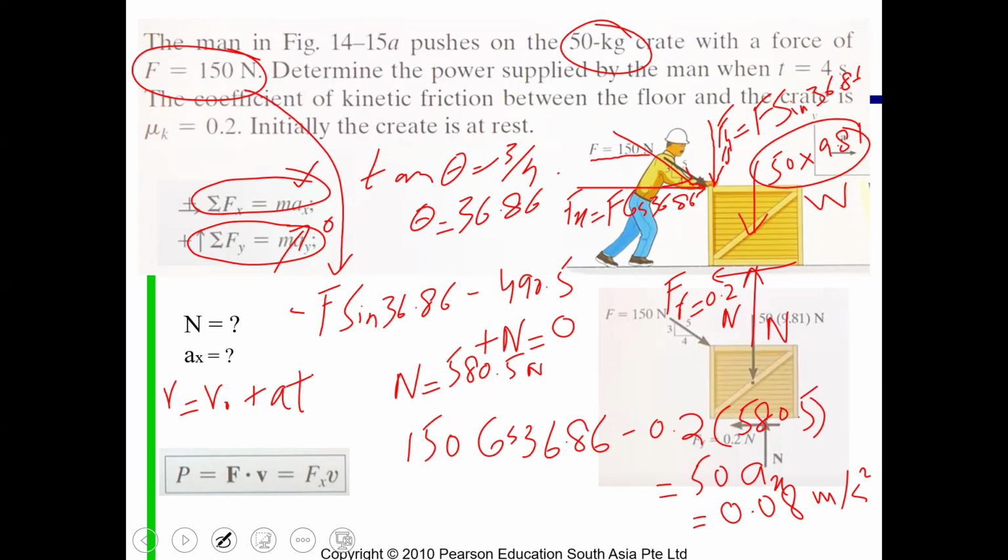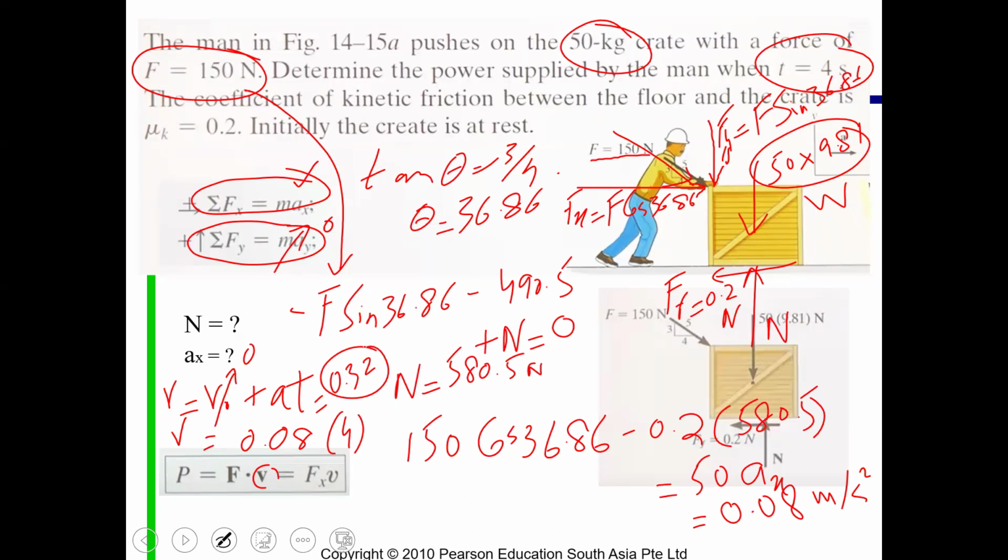The part was initially at rest, so the initial velocity is 0. Acceleration is 0.08 and time is provided as 4 seconds. What is the final velocity, students? 4 into 0.08 is 0.32. So you figured out the velocity.